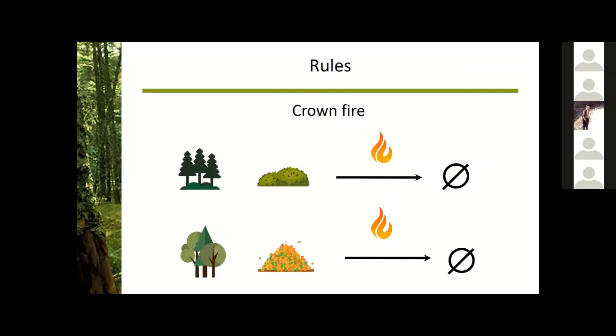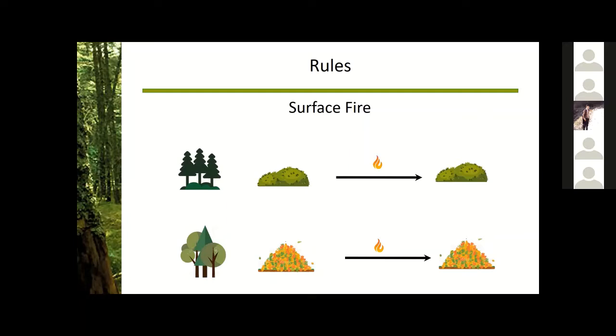Now I try to input some rules. I focus on fire, and the first rule is the crown fire. The crown fire burns the trees and the soil cover, from the trees on the moss and the mixed forest on the humus, and we go to the bare soil. A second fire is the surplus fire.